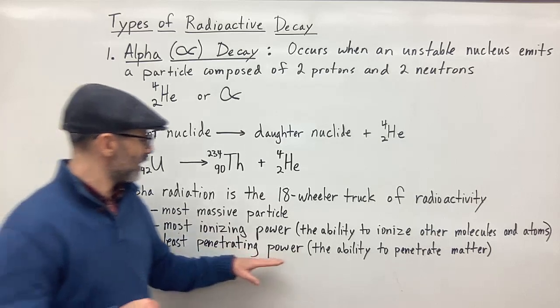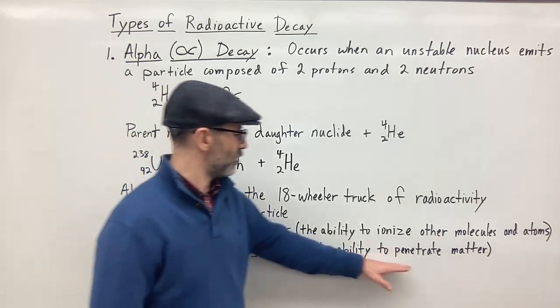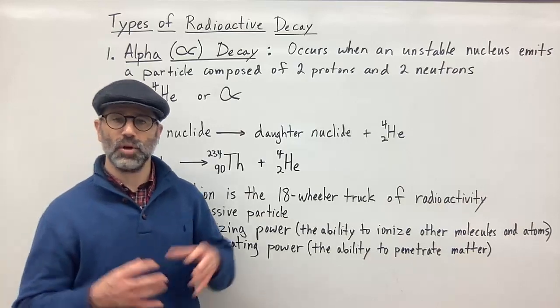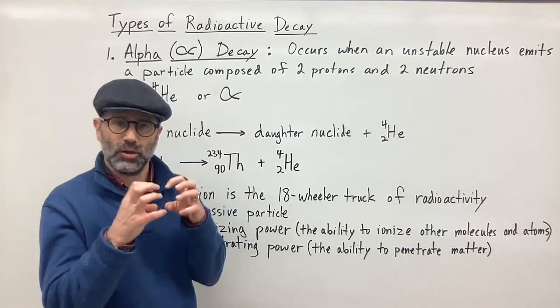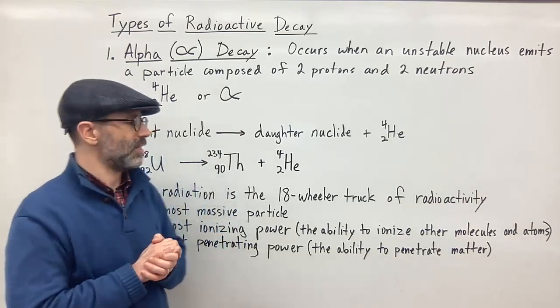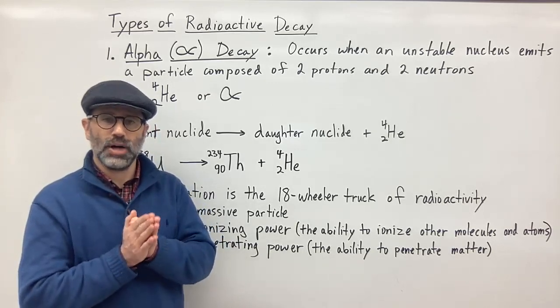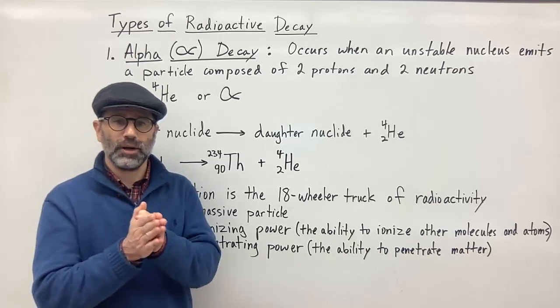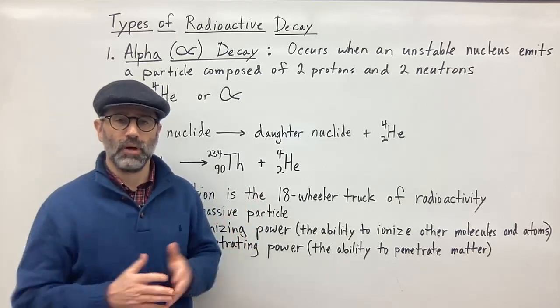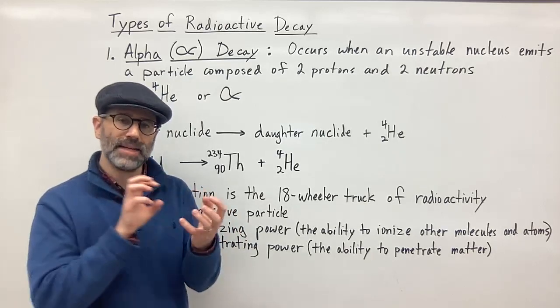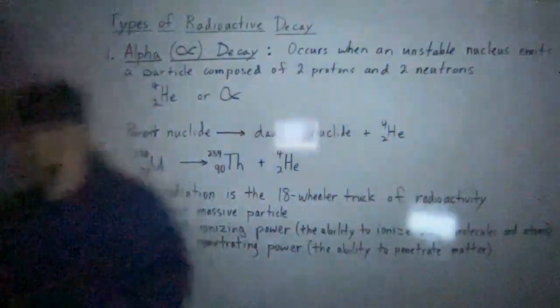And if we understand penetrating power as the ability to penetrate matter, well, matter is made up of atoms. Those atoms and molecules are very close together. So an 18-wheeler truck, if we're using the analogy of getting through traffic, it's not going to get through traffic very well because it's so huge, right? So it's not going to be able to get very far past the atoms.